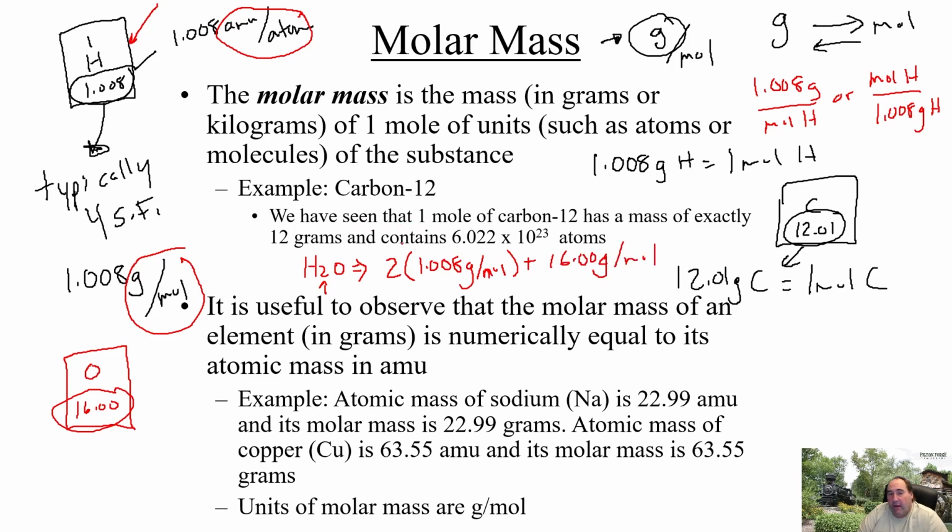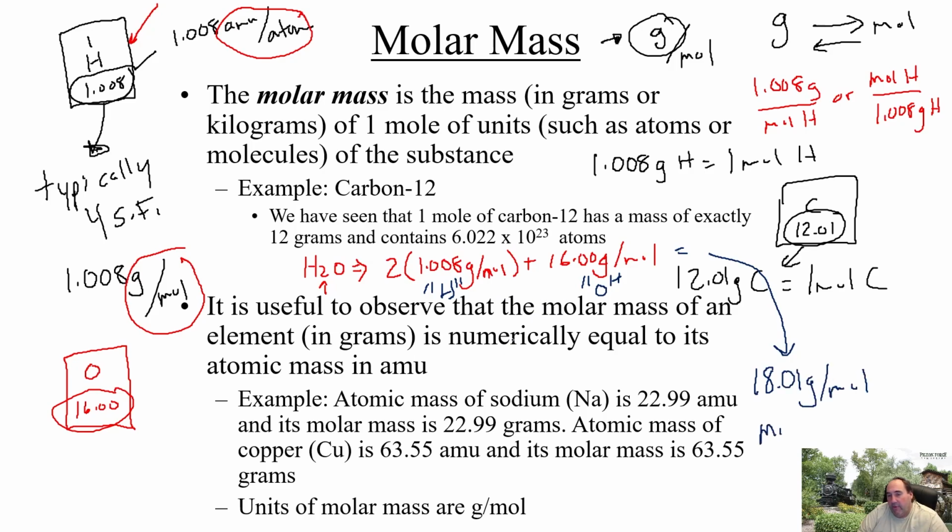So if you have something that's a compound, a molecule, and you need the molar mass of it, you essentially just go to the periodic table and you pretty much add up all the parts. So over here represents our hydrogens, and over here represents our oxygens. And then basically we just come down here, add those together, and you should get something like 18.01 grams per mole.